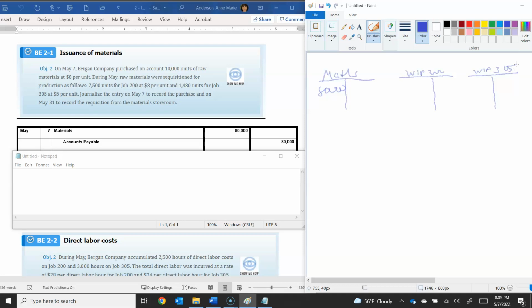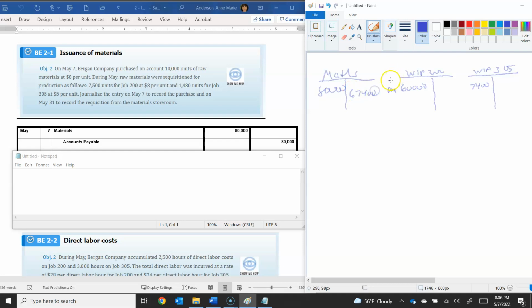So we're going to take material, it tells us 7,500 units at $8 per unit, so 7,500 times 8 is 60,000. And we're going to put $60,000 in direct materials in here. And we're going to take another 1,480 at $5, which is $7,400 in materials here. And so that will be a credit to materials of $67,400.